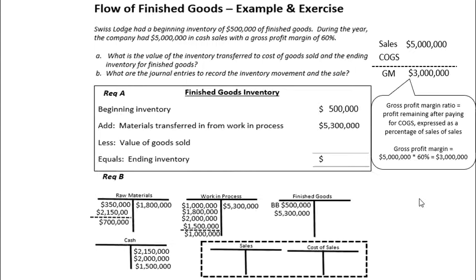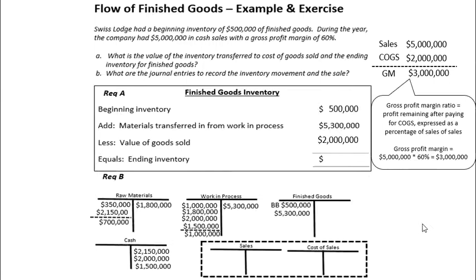Now it's a very simple matter to calculate cost of goods sold, because we know sales minus cost of goods sold equals gross margin. So if we start out with $5 million worth of sales, we're going to have to subtract out $2 million to get to $3 million worth of gross profit or gross margin. So now we know the value of goods sold, and we can insert our value of goods sold, which is $2 million, into our finished goods inventory movement formula.